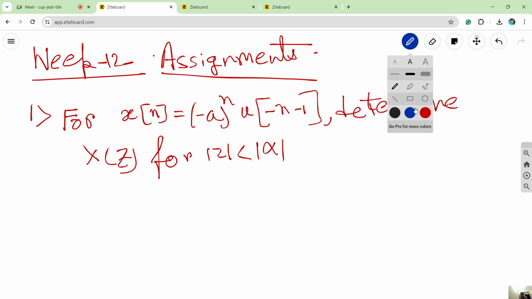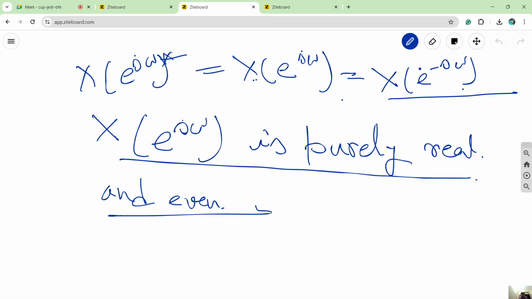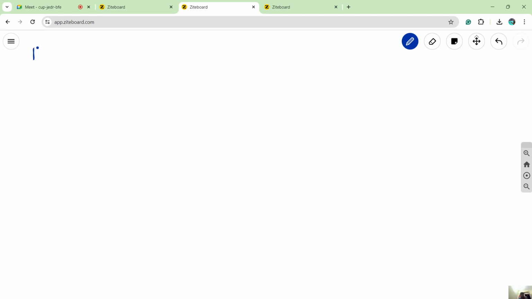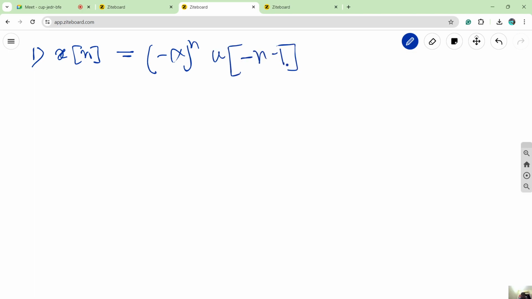So, just let me solve it. x of n equal to minus alpha to the power n u of minus n minus 1.